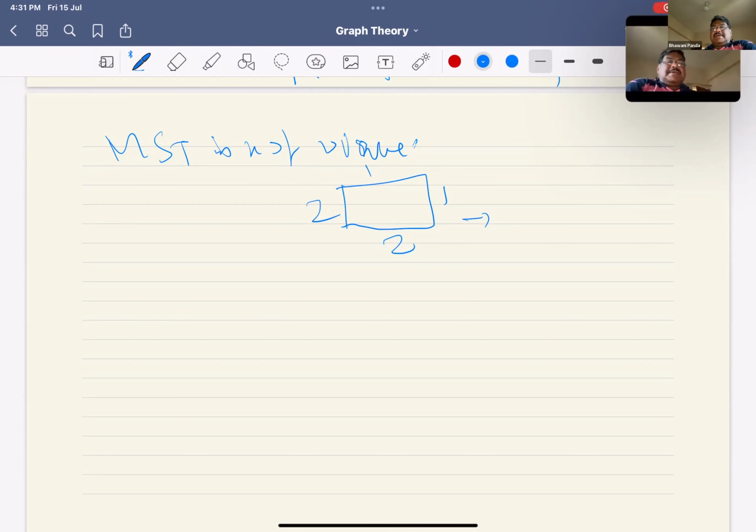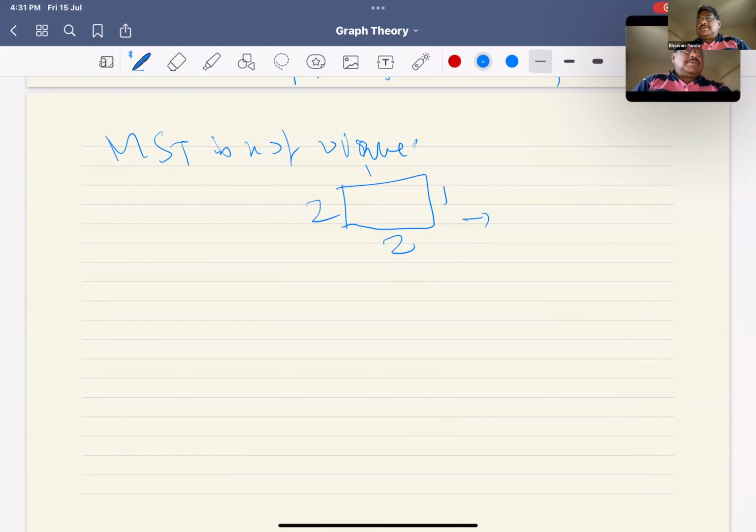How many MSTs are there? Out of these 4 spanning trees, how many have minimum weight? 2.